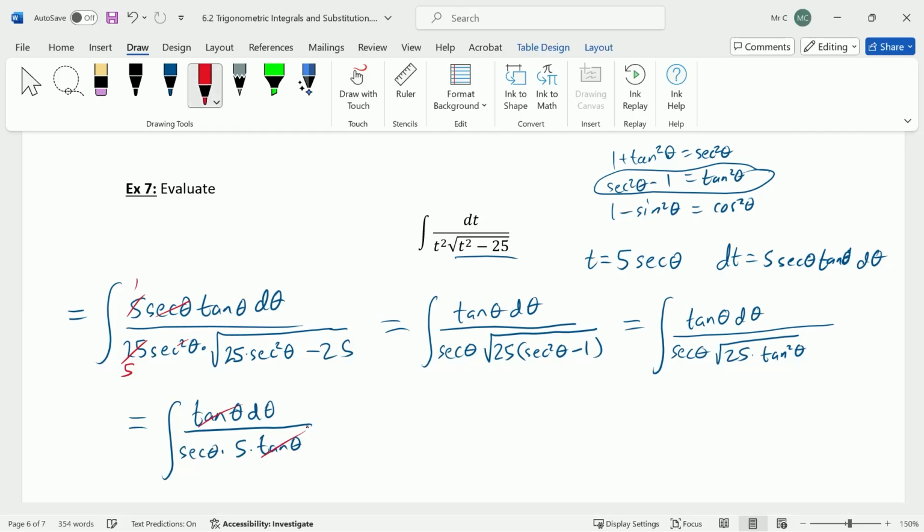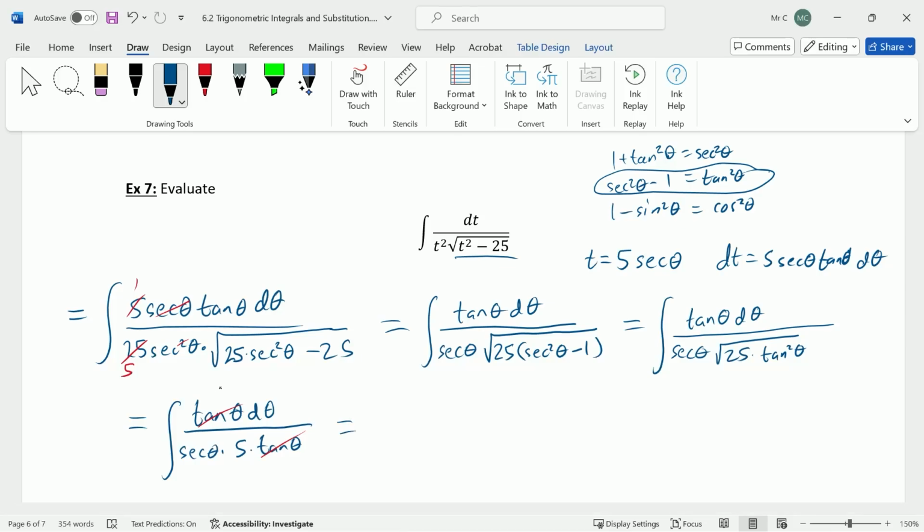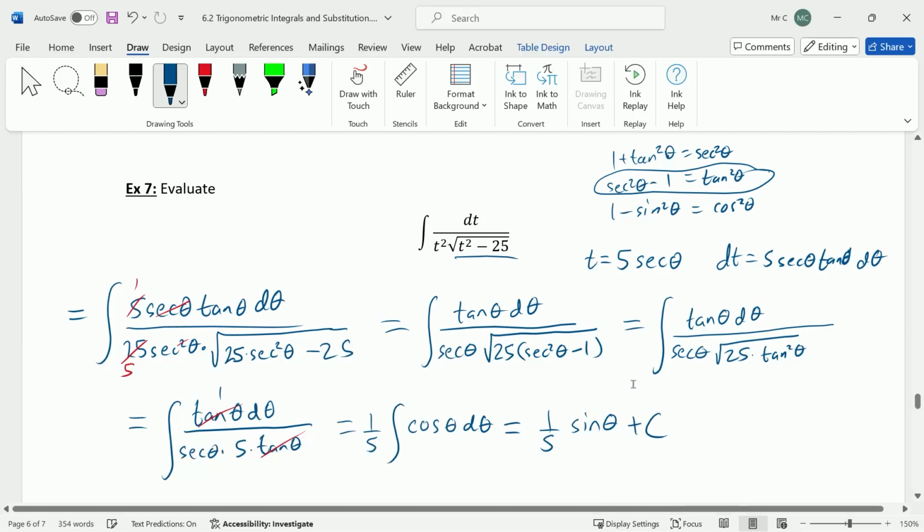And so the tangents cancel. Couldn't ask for it to work out much nicer than that. I pull the 1/5 in front, and 1 over secant of theta is the same thing as cosine of theta, d theta. So this works out really nicely. The antiderivative for cosine is sine of theta plus c.